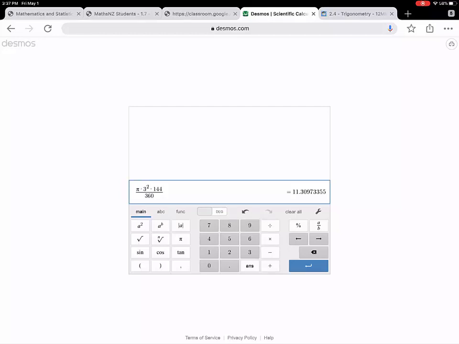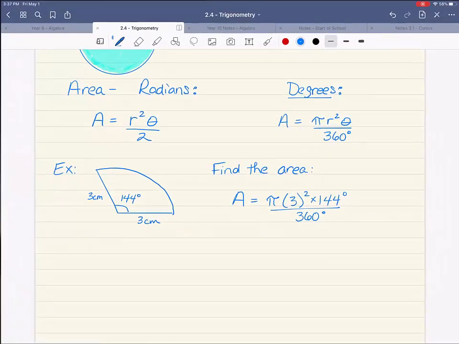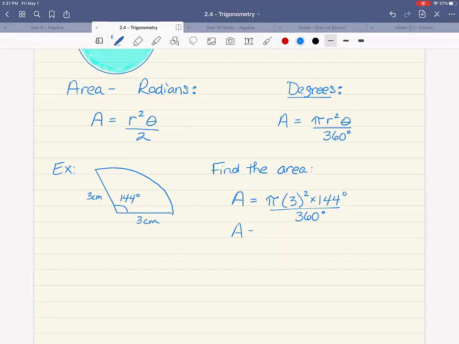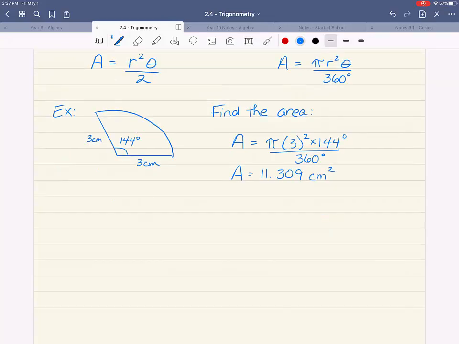So I'm going to go back to my paper and so the area is 11.309 centimeters squared.